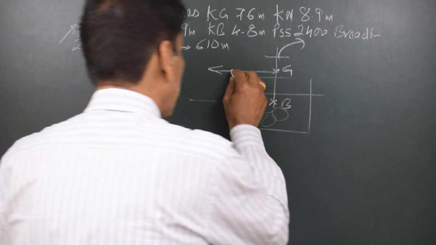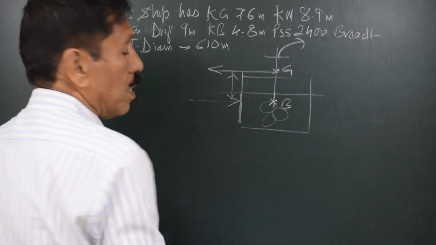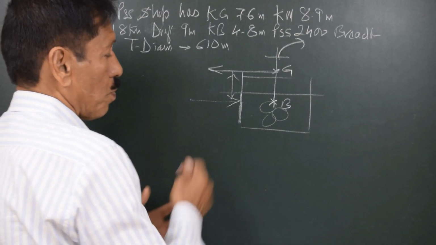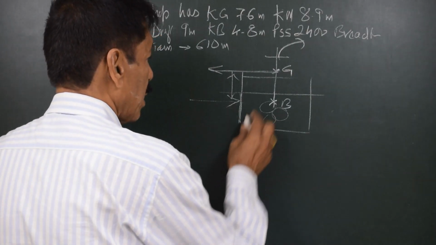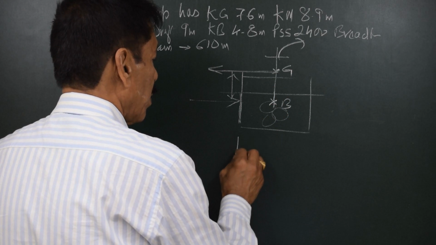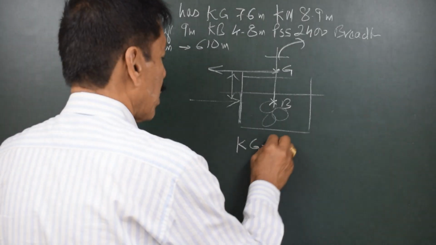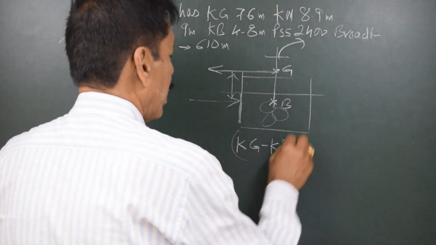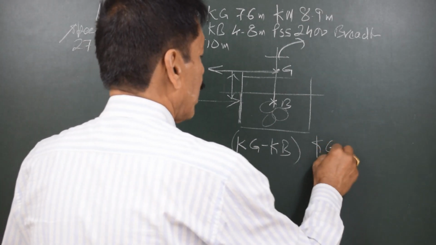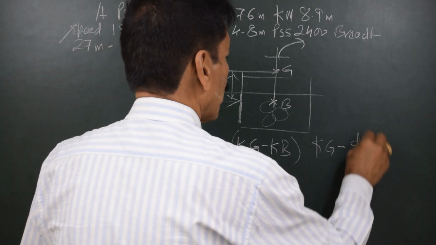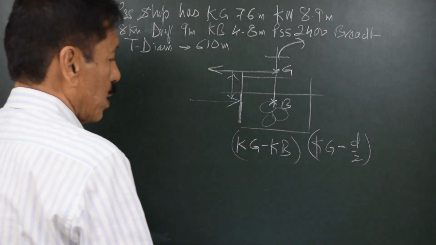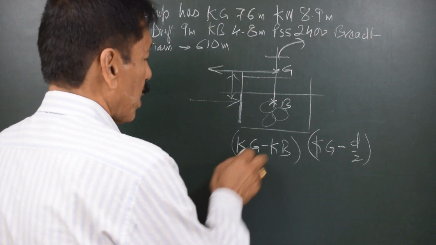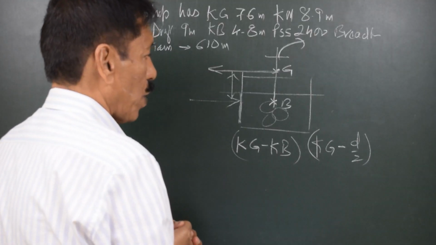So this is the lever that causes the ship to heel, and this lever is nothing but KG minus KB. It is also sometimes taken as KG minus draft by 2, which is slightly approximate, but KG minus KB would be more accurate.